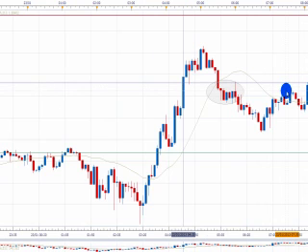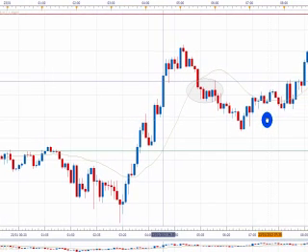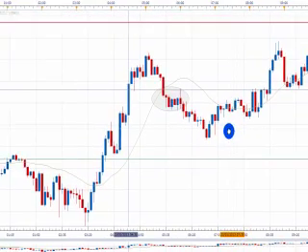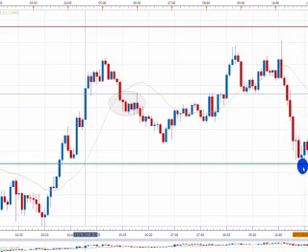For the passive folks who use a set and forget trade, they would still be in the trade with a risk of 30 pips, and the market goes against them a little bit, but it does not stop them out completely. And there you go, it hits the target.